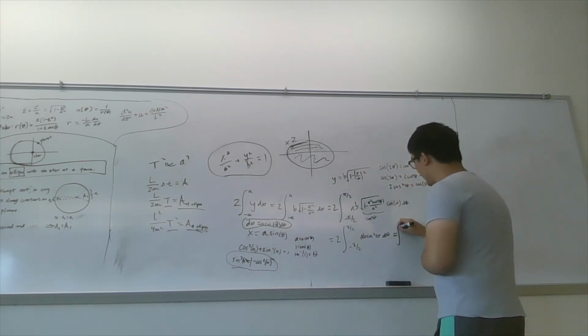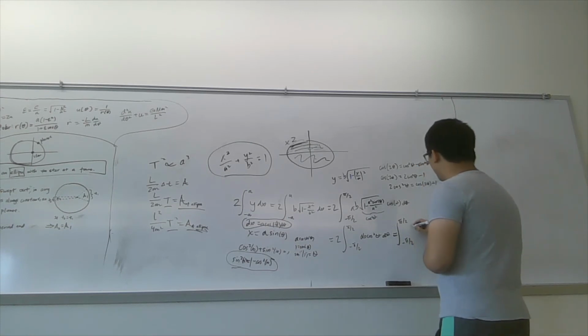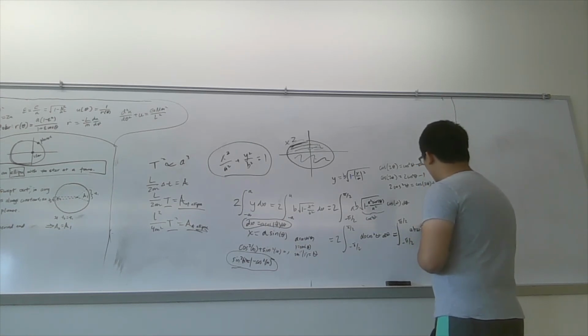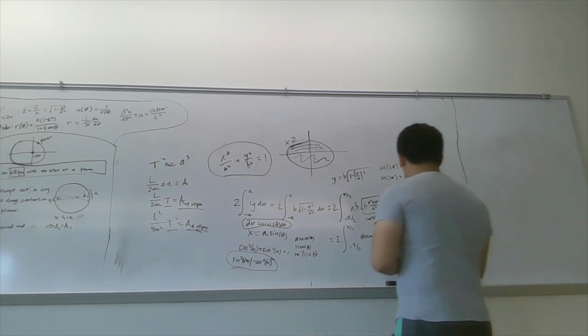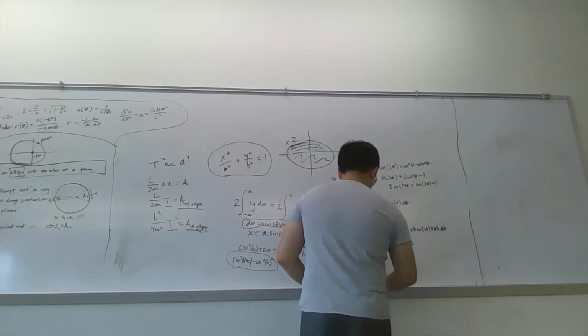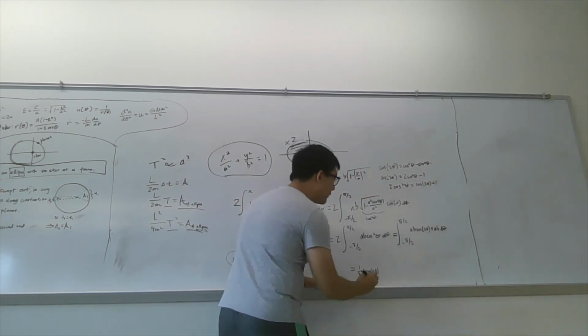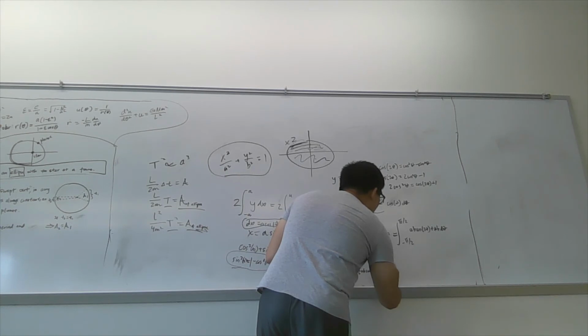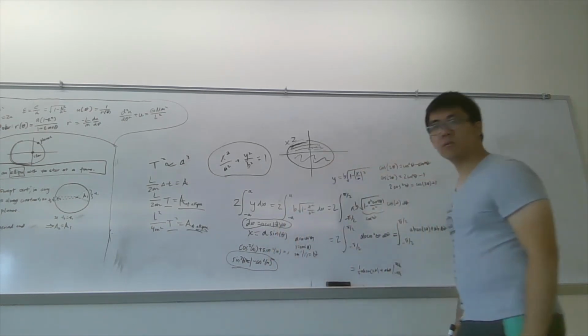So this integral can then become, using that trigonometric identity, 1/2 ab sine of 2 theta plus ab theta from pi over 2 to negative pi over 2.